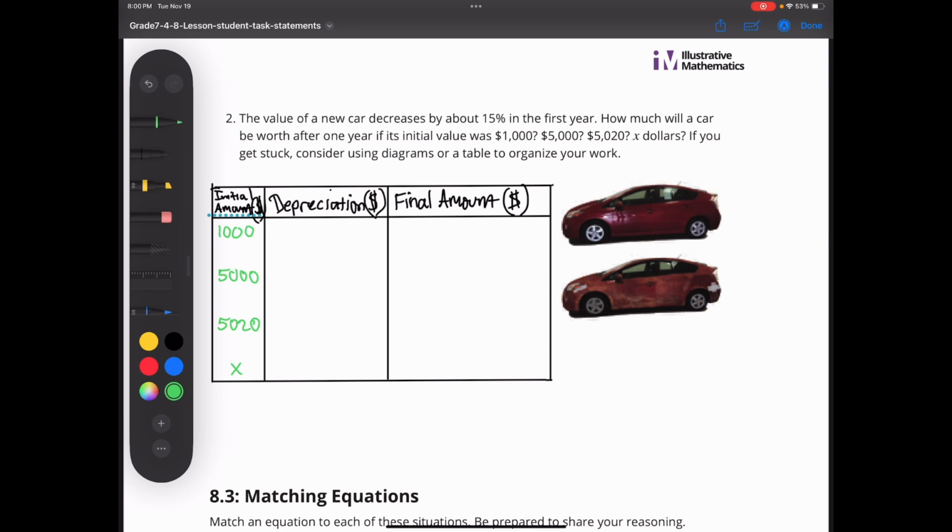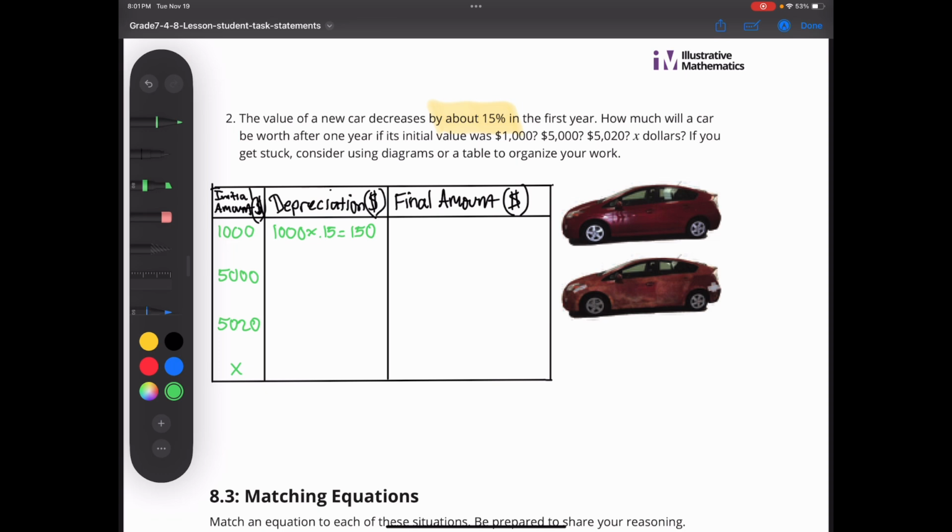Let's first write our initial amounts, and finally X. Now let's find depreciation. Depreciation is how much money is lost, and it says that depreciation is 15%. So let's calculate depreciation. 1,000 multiplied by 15% is $150.